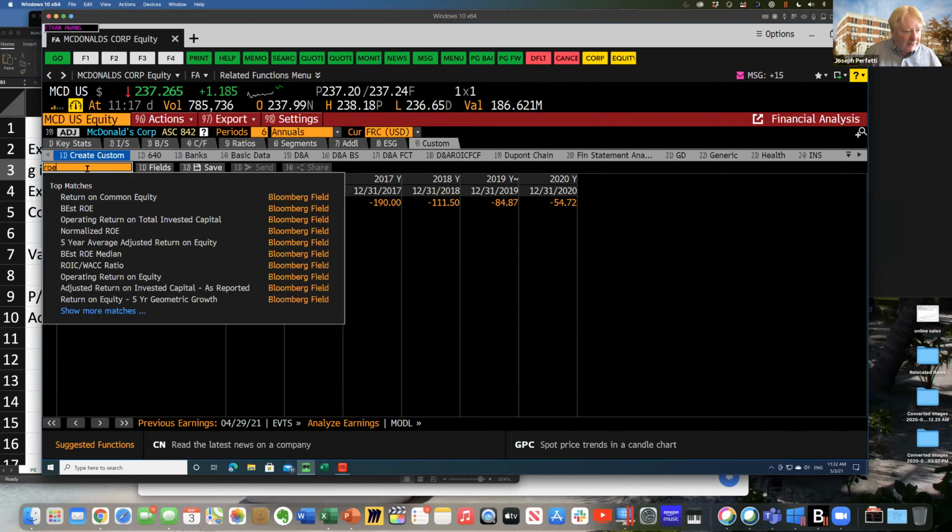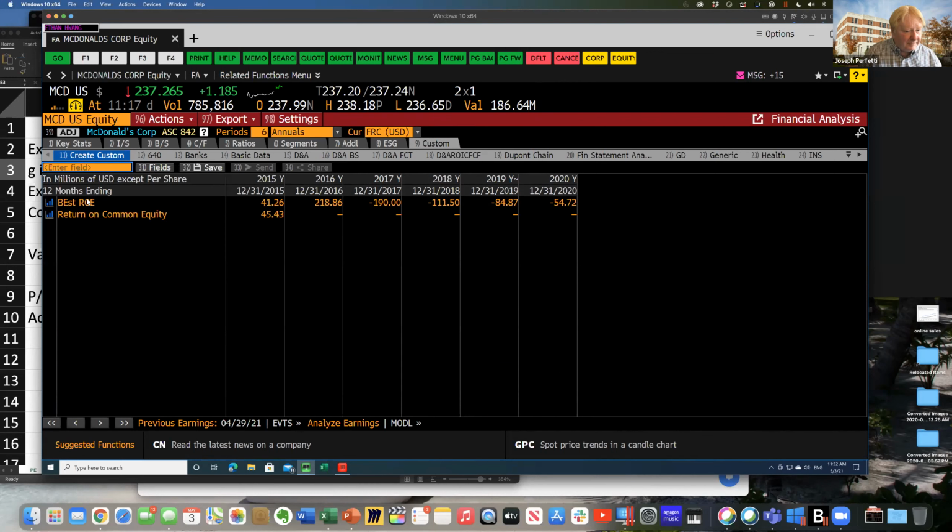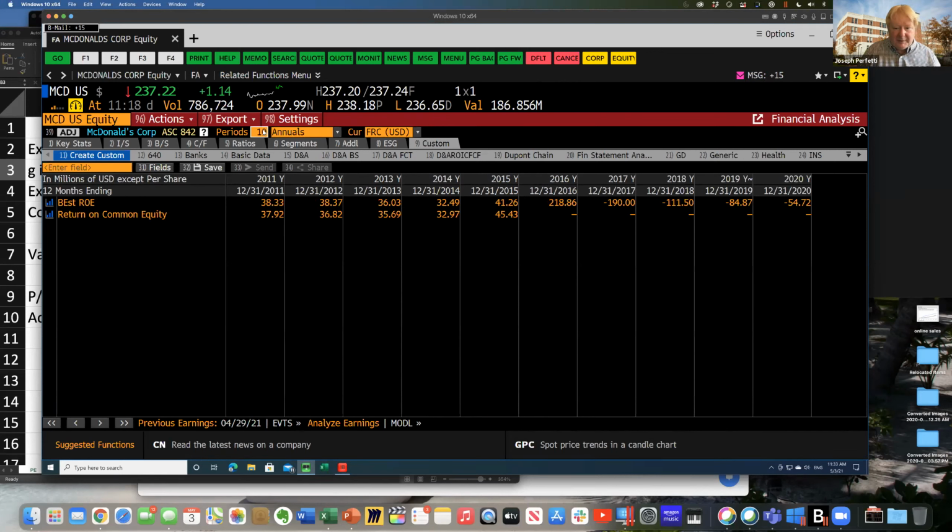Type ROE. Up until 2016, it was in the 30s. So again, high 30s to around 40.